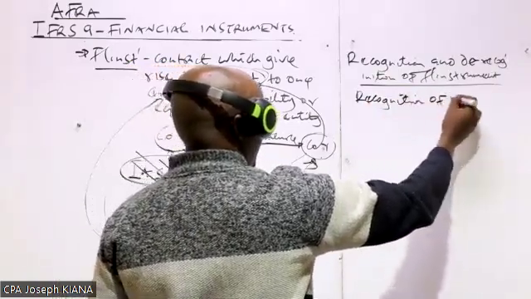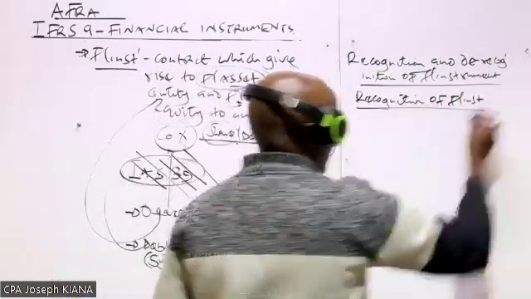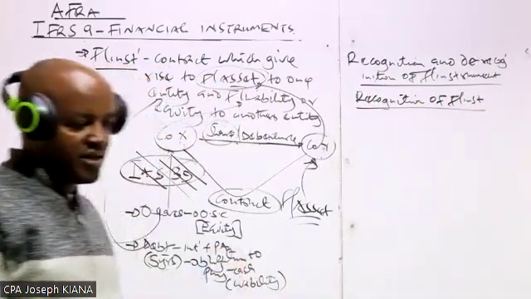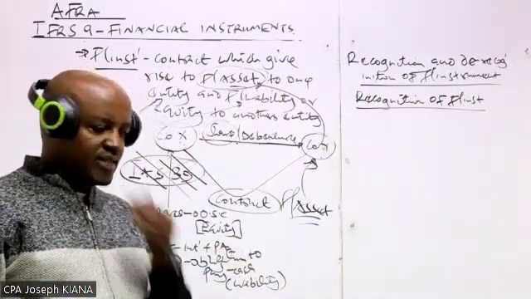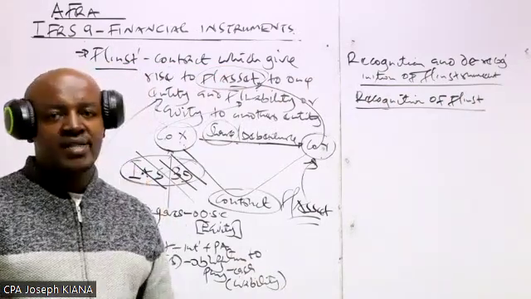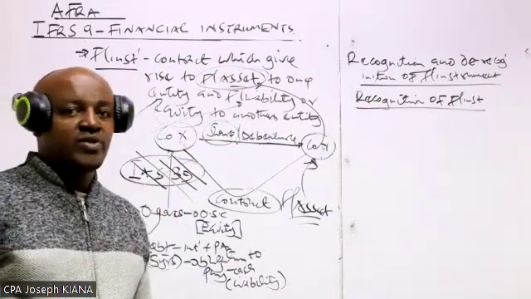of financial instruments. So when we talk about recognizing something, recognizing an asset, recognizing a liability, basically this is a process through which an asset or a liability is recorded in the company's books of account and also in the financial statements.